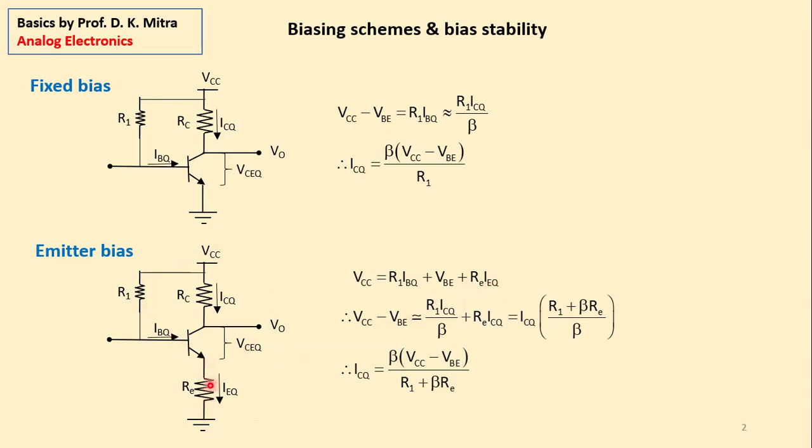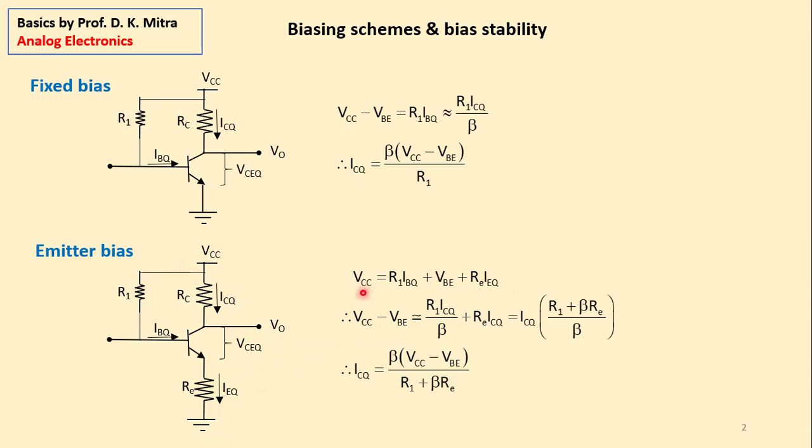IEQ is the quiescent current through the emitter. Now, theoretically, the quiescent current through the emitter and the quiescent current through the collector are different, but practically they are the same. You can always take them the same.